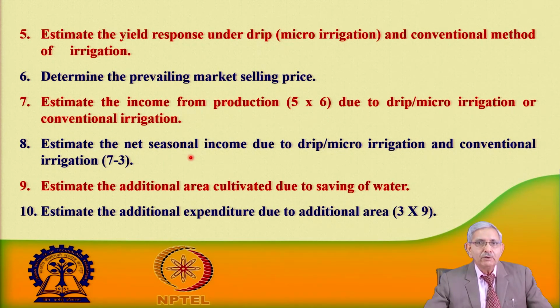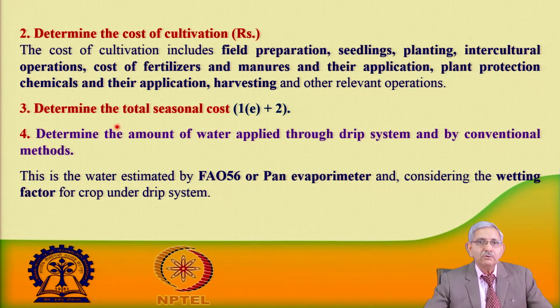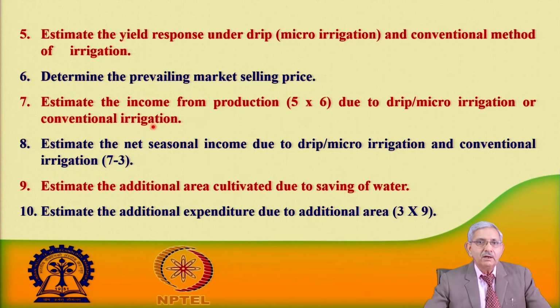Then we will find out the net seasonal income, means we will subtract the drip system and conventional system, that is item 7 minus 3, where 3 is your total seasonal cost.